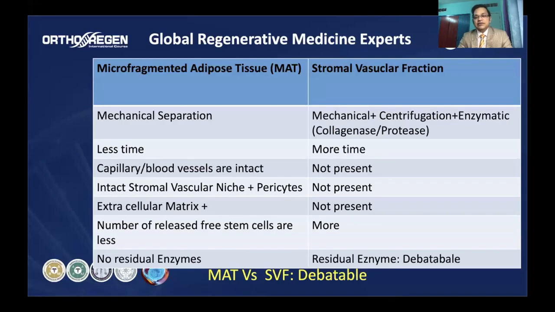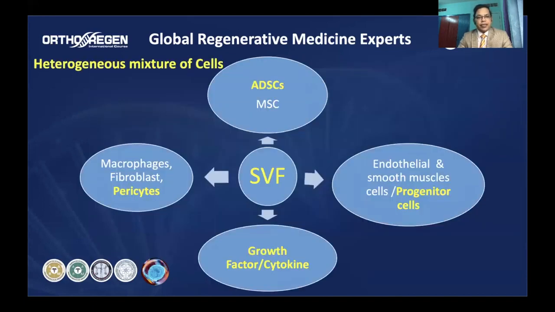There are so many other cells and growth factors, and therefore they say that SVF may be better than MAT. But the issue is debatable, and I think both products work, one may have an advantage over the other because of ease of preparing the product and regulatory aspects.